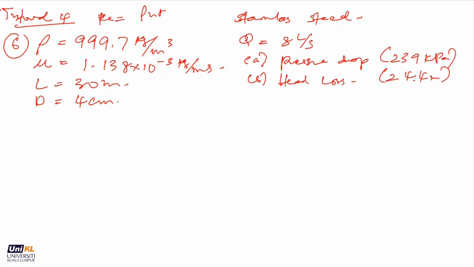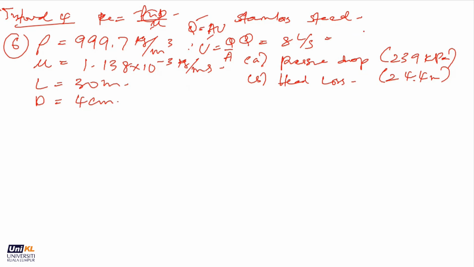Reynolds number equal to rho UD over mu. So we have the density, we don't have U. So Q equal to AU. We have Q, we have A, and then we don't have the U. So U equal to Q over A. Okay, 8 liter per second.